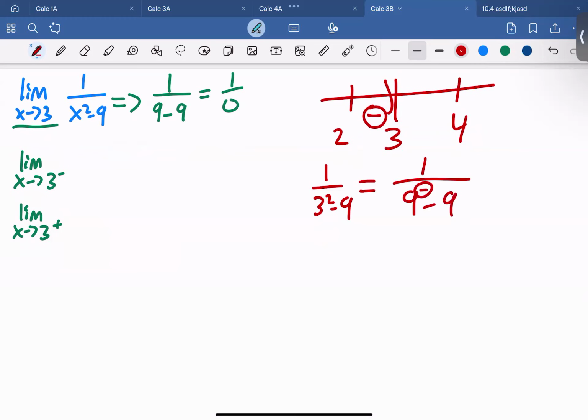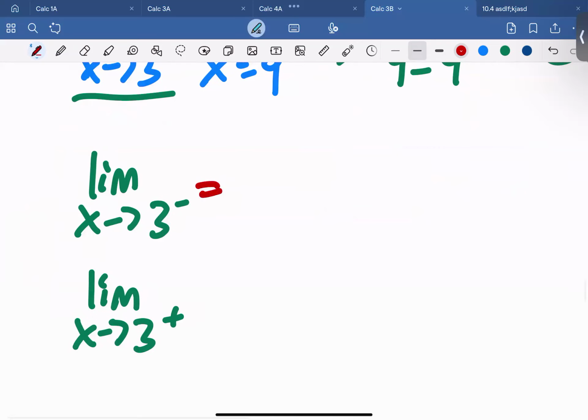So I'm taking 9 that's just a little bit smaller than 9, and I'm subtracting a whole 9. Okay, this would bring us all the way over to a 0. Okay, but a 0 what? Right? It's a 0 on the left side. Because if we're taking a 9 that's a little bit small, and then we subtract a whole 9, we will end up at 0, but on the left side of 0. So if I plug this in on the left hand, I would end up with a negative 0.